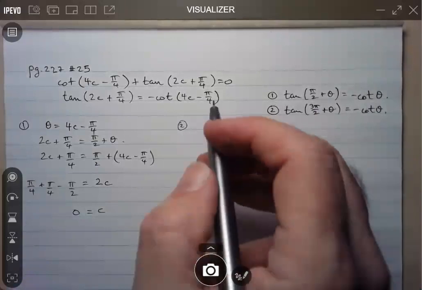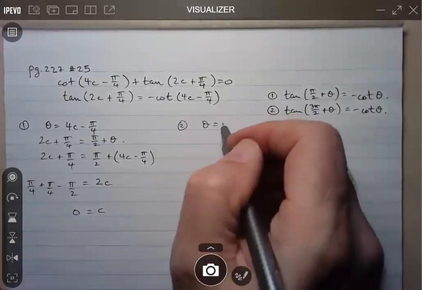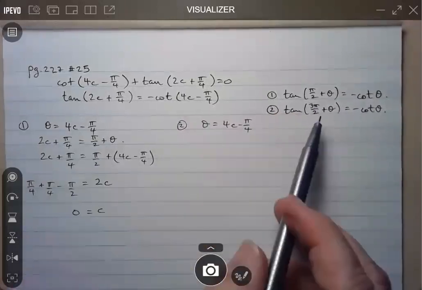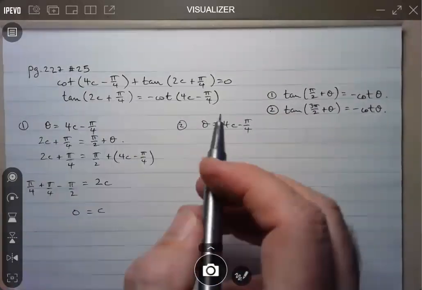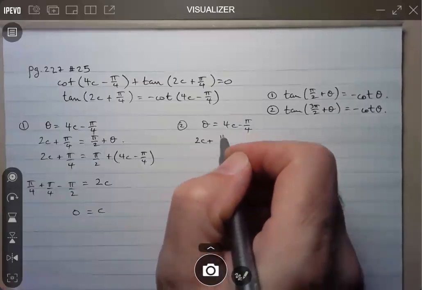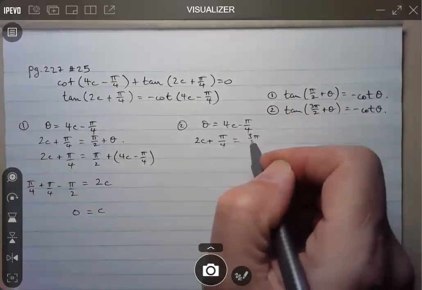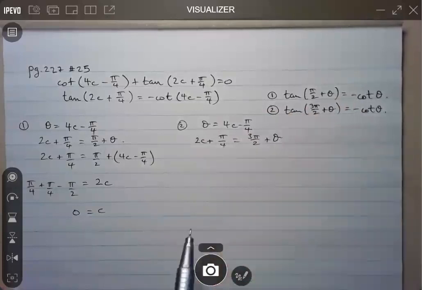So what do we got here? Again, I'm going to let theta be equal to 4c minus pi over 4. And then in this case, the 2c plus pi over 4 will be assigned to 3 pi over 2 plus theta, and that's going to guarantee the equality.